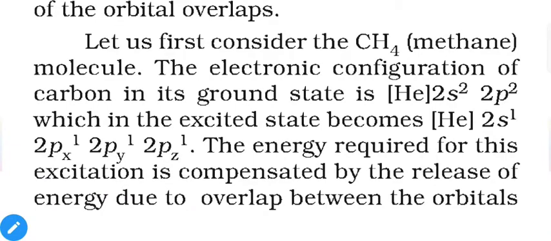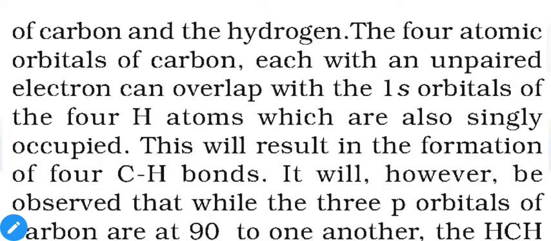The electronic configuration of carbon, we know, is helium core 2s2 2p2. In the excited state, an electron of the 2s orbital will jump into the p orbital, so now it will be 2s1 2p3. That means px contains 1, py contains 1 and pz contains 1 electron. The energy required for this excitation is compensated by the release of energy due to the overlap between the orbitals of carbon and hydrogen.